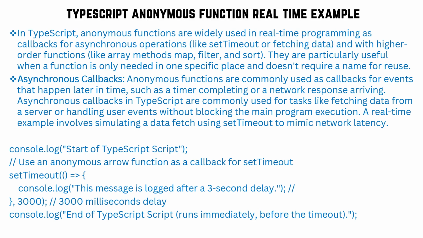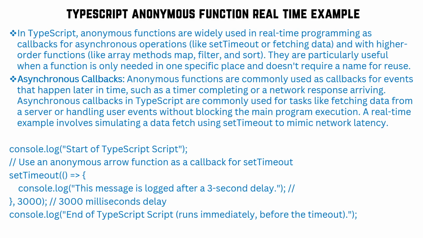They are particularly useful when a function is only needed in one specific place and does not require a name for reuse. Just we need to use it, but that function does not require a name for reuse. So here anonymous callbacks will be there. So what is anonymous callbacks? Which is the real-time example of the anonymous function.